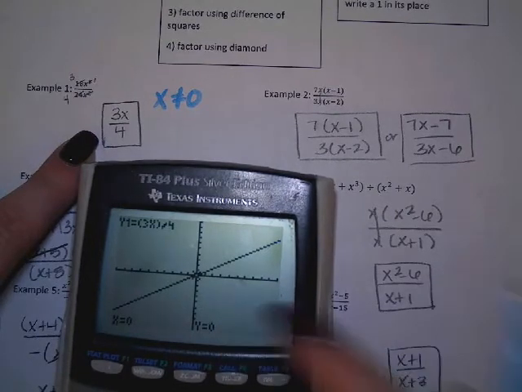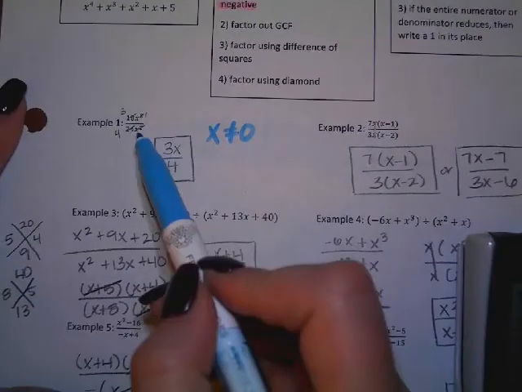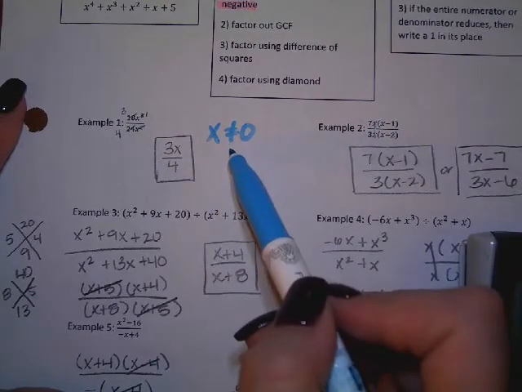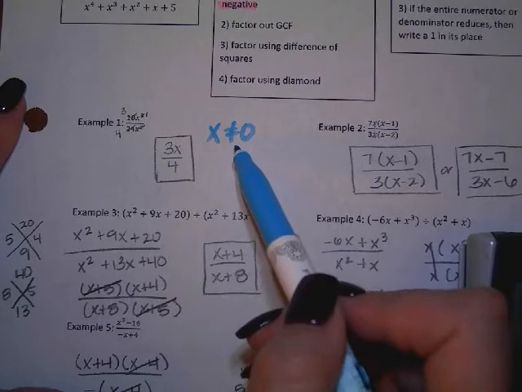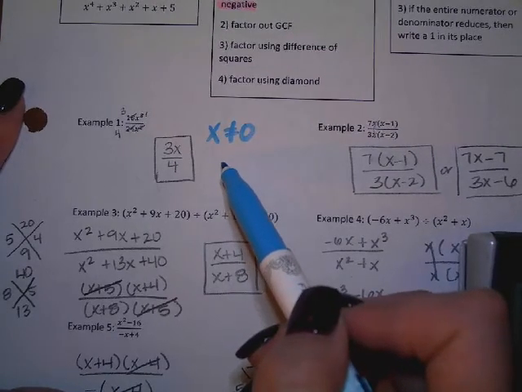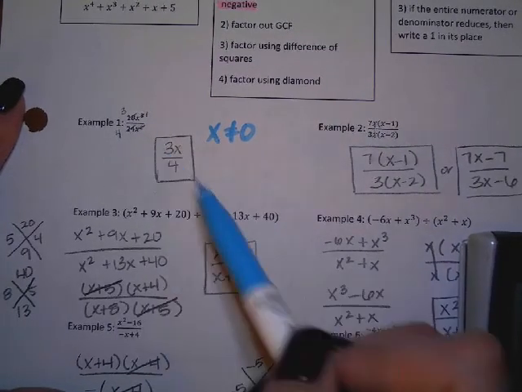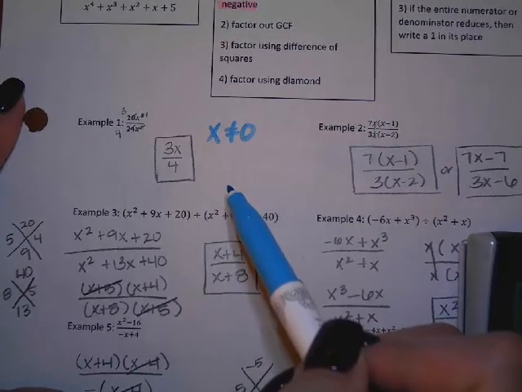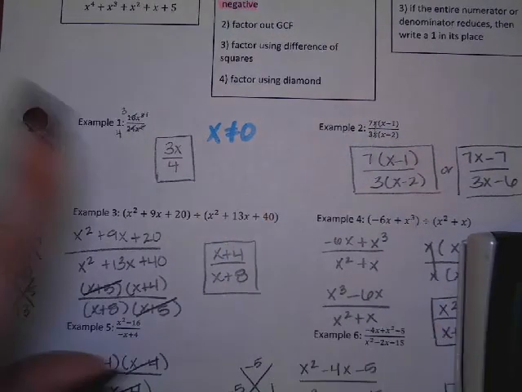So what we have to do is say, okay, this was the original problem. I simplified it. But the original problem did not let me have 0. And so I need to say, yes, you still can't have 0, because I simplified it, so it should have the same exclusions that the original problem had. Make sense? Okay, let's try another one.